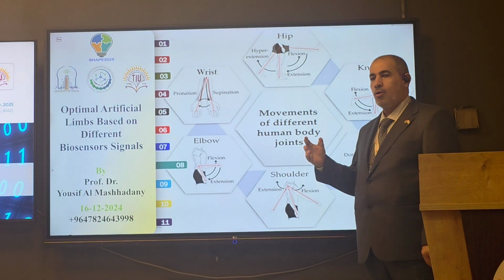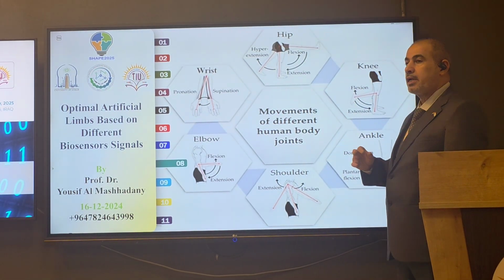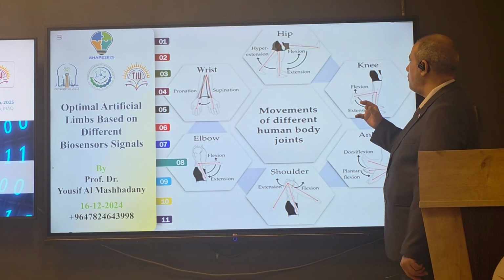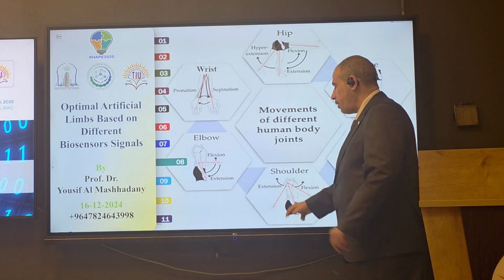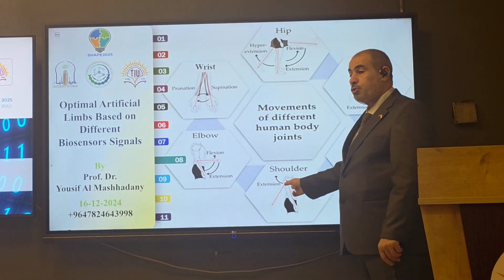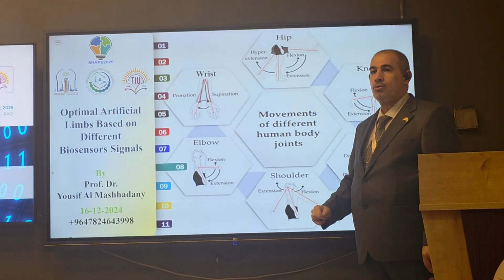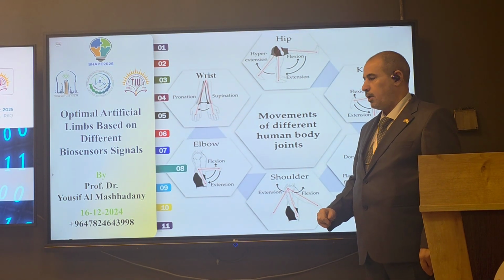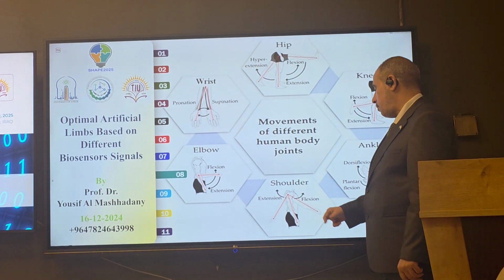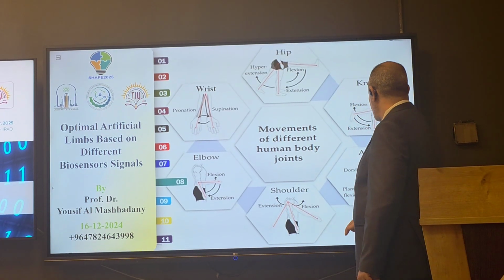The human body contains 6 joints. In the upper limb, we have the shoulder joint. The shoulder joint has 2 movements, abduction, and flexion and extension.